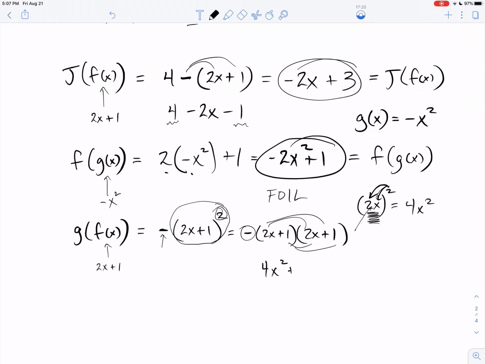I would get 2x and 2x, that's 4x. 1 times 1, I'd get a 1. But now I take that result and I say I'm going to run a negative through you. What's the final answer? Negative 4x squared minus 4x minus 1. What is this guy's name? G of f of x.